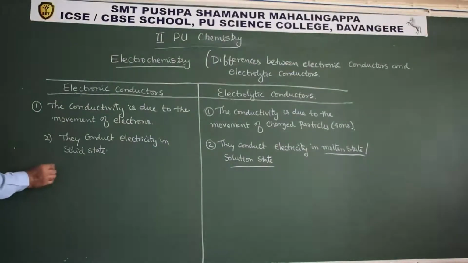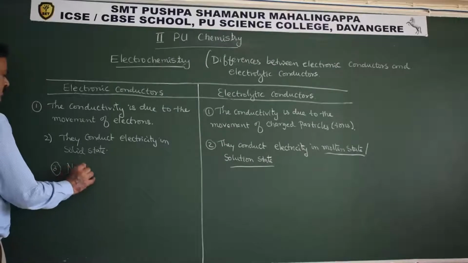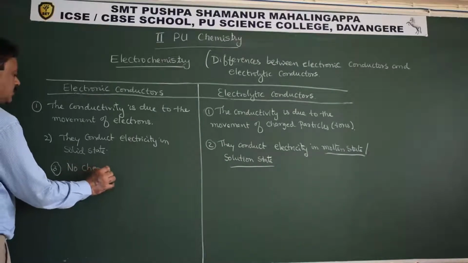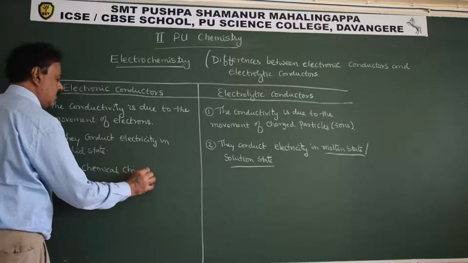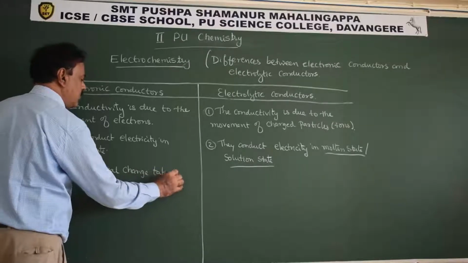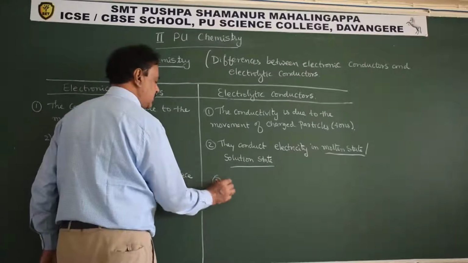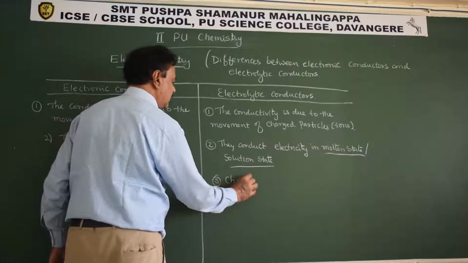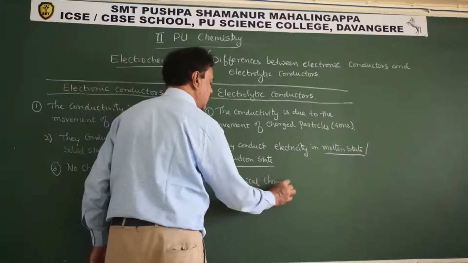Now, the third one. No chemical change takes place in electronic conductors. Here, in electrolytic conductors, chemical change takes place.